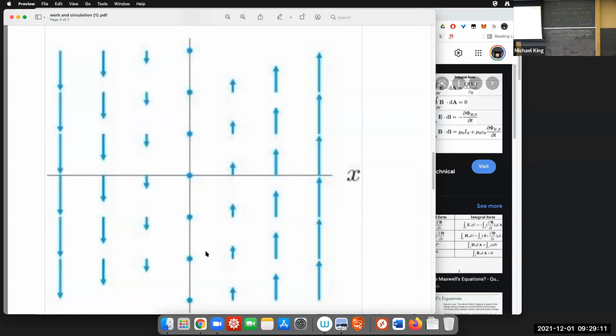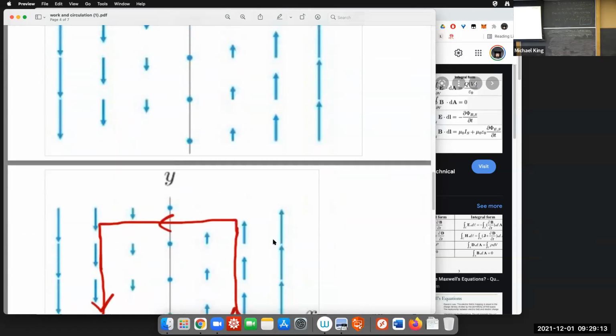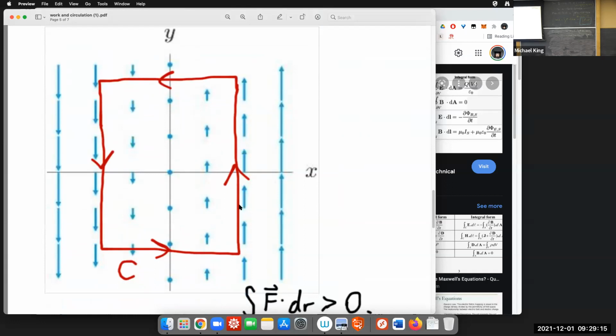Positive? It's interesting. If you make a rectangle, so that's a loop, that's not a circle, it definitely follows the field there. It's actually perpendicular to the field here, so the work is 0. That's like walking back and forth on the same floor in a gravitational field. And then you follow that way. So this actually has positive circulation.